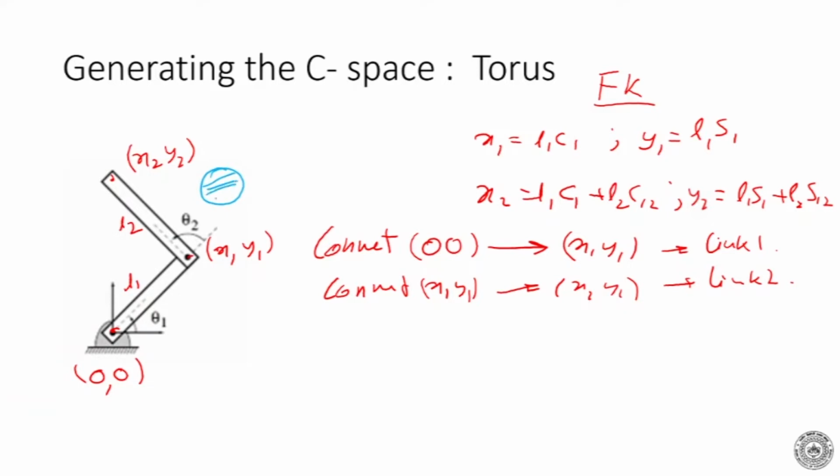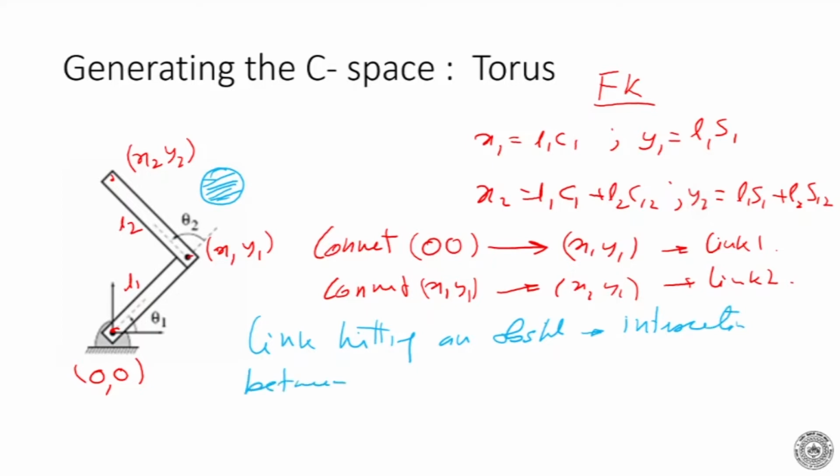So if I want to find the link hitting an obstacle, this basically means intersection between a line and a circle. All right. So this is basically an intersection between a line and a circle.